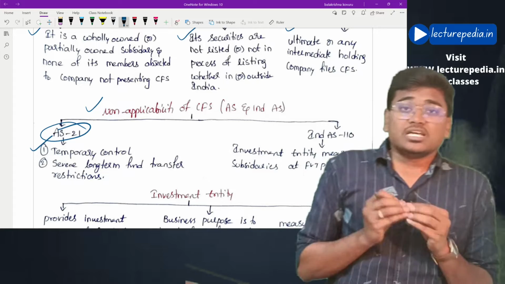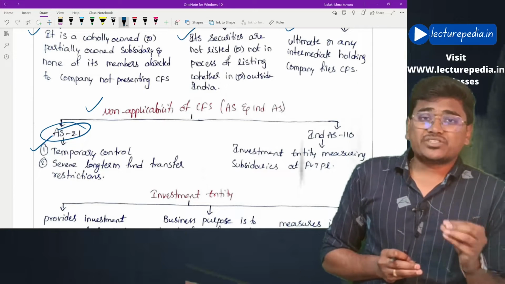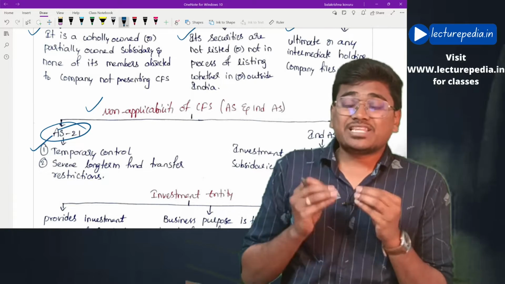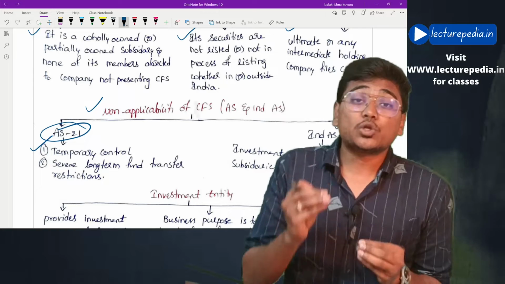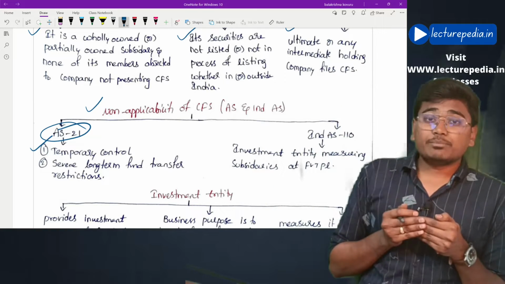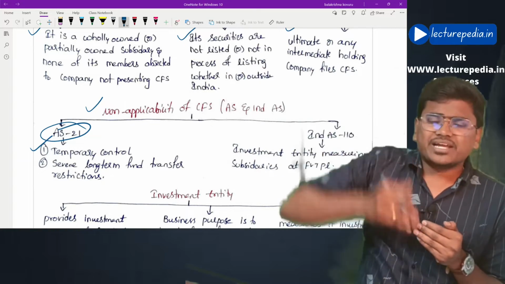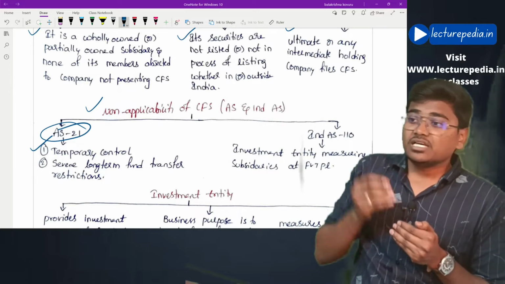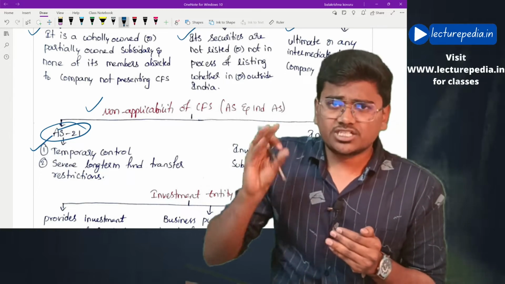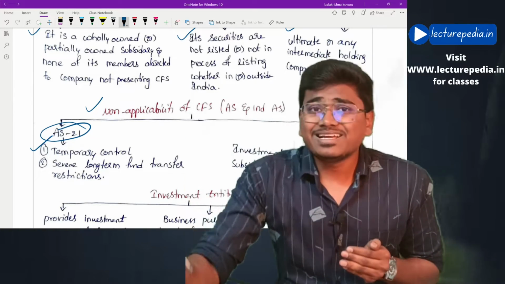Firstly, if the holding company purchases the subsidiary with an intention of temporary control, that means the holding company doesn't want to hold the subsidiary for a longer time. The intention of the holding company is just to make some short-term profit by trading in the shares of that subsidiary.